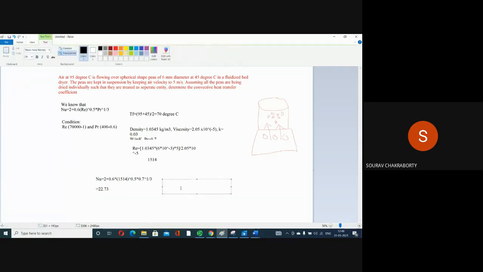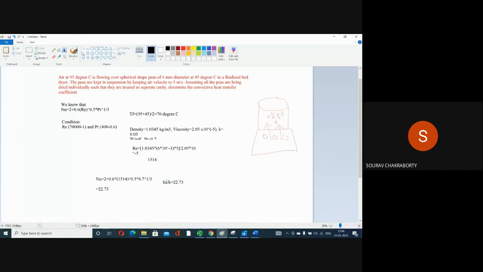We also know that the Nusselt number is h into the characteristic dimension divided by k. For the piece, the characteristic dimension is diameter, so it will be h into d divided by k, equal to 22.73. Here h we need to determine, and d is given.